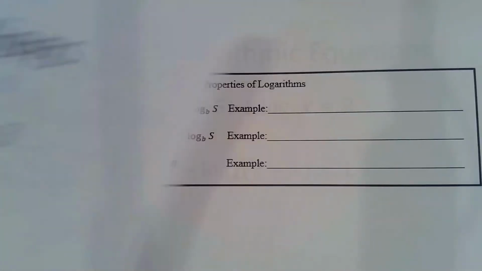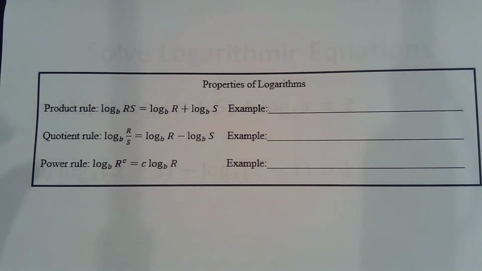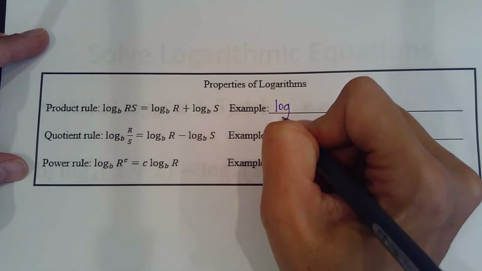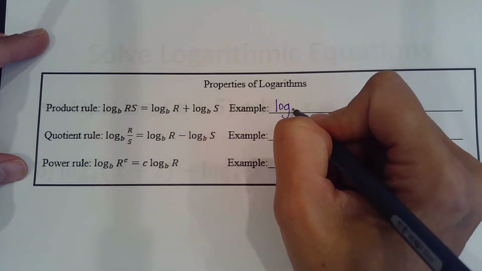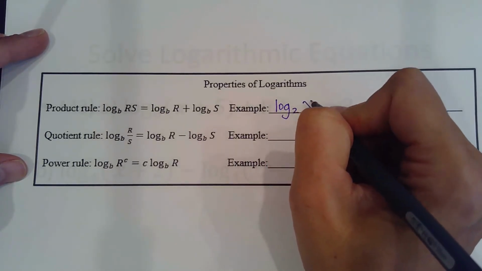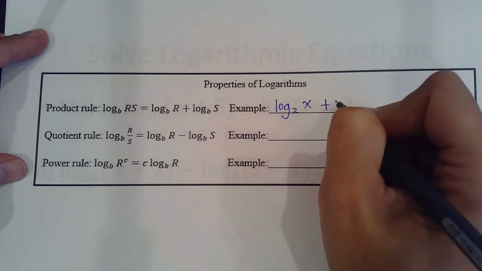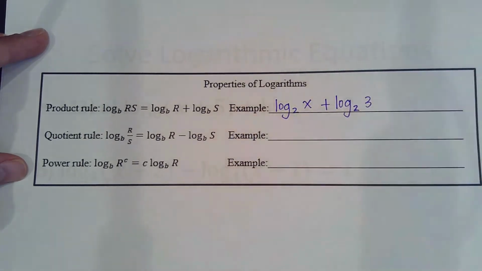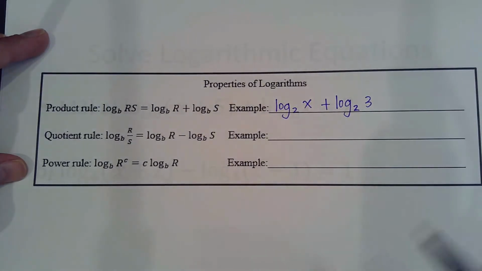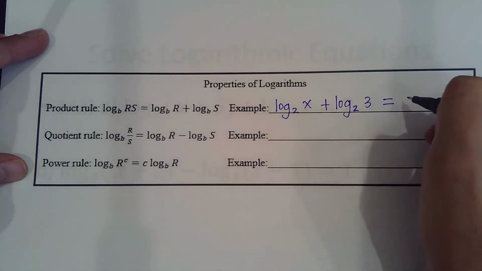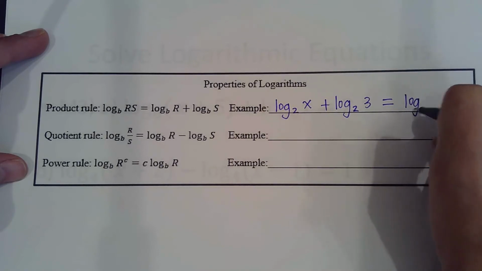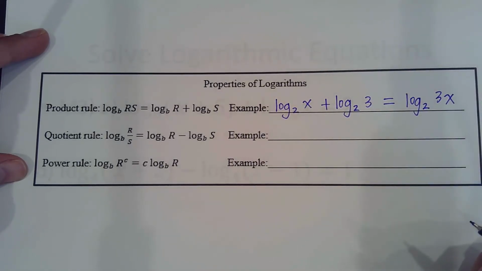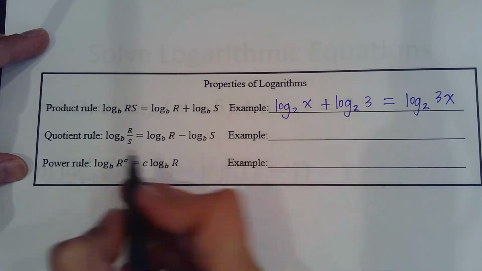Alright, so let's look at our properties that we have. And we remember, if I have log base 2 of x plus log base 2 of 3, I can combine this and write this as log base 2 of 3 times x. Okay, so remember these properties.